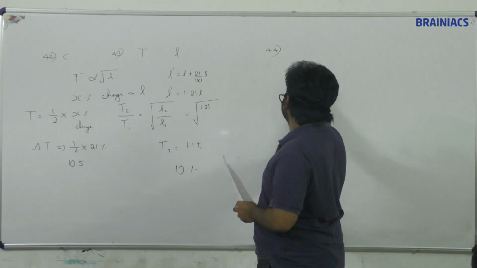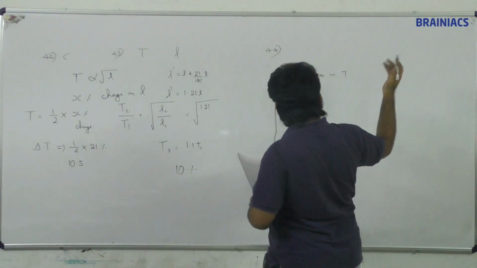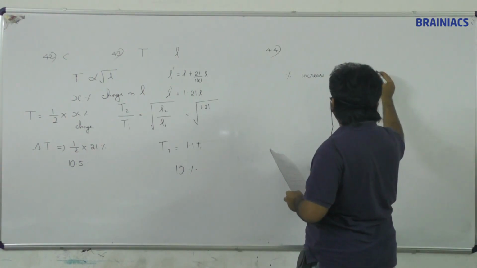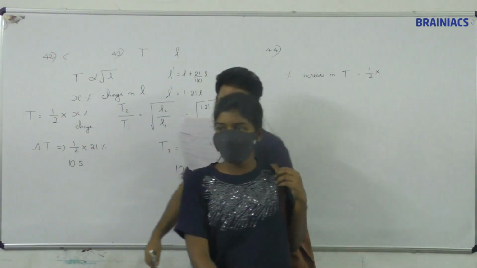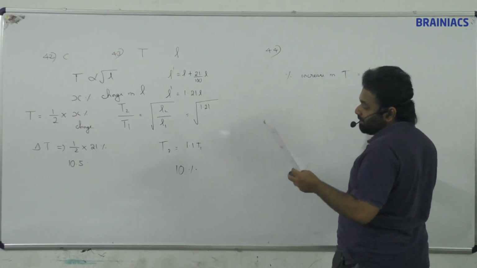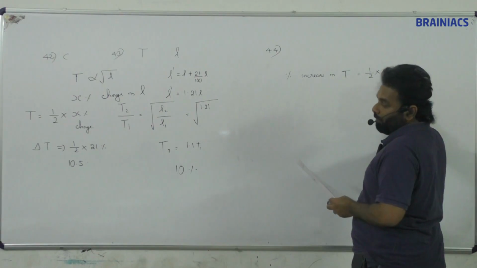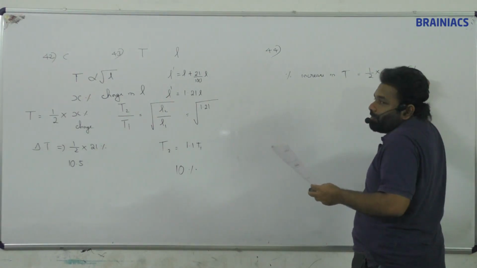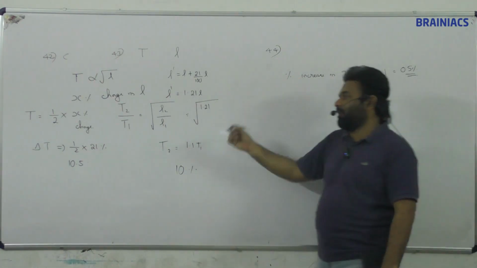So the percentage increase is equal to 1 by 2 into the change in the length of the simple pendulum, into 1. So this is 0.5 percent. We have applied the same method here.